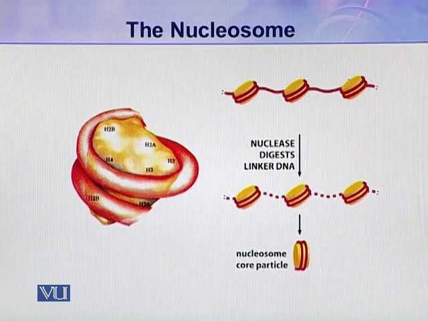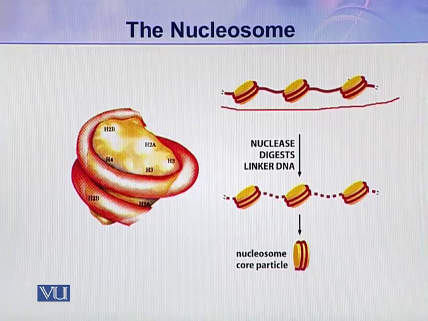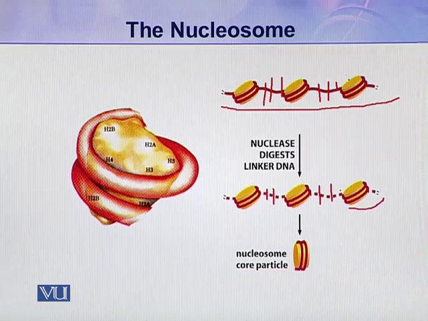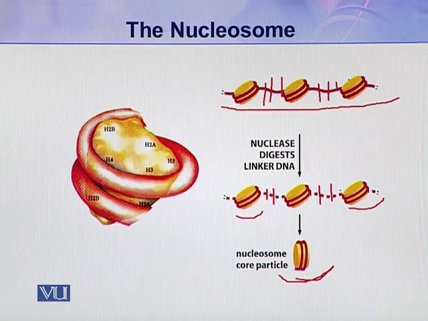Here you can see this is the chromatin fiber, and if we digest this fiber with the nuclease, the linker DNA will be digested, and these nucleosomes will be produced. And if we keep on digesting these chromatin fibers with the nucleases, then it results in the nucleosome core particle.